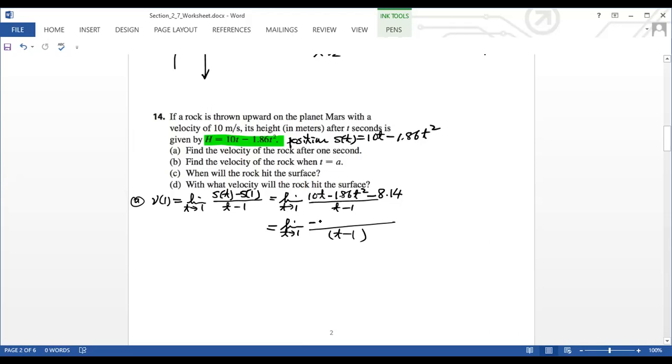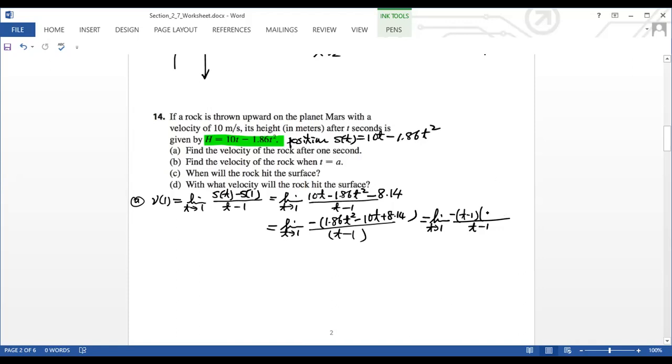You can take the negative out, and you will have 1.86t squared minus 10t plus 8.14. And you can factor that. The limit as t approaches 1, over t minus 1, and what you have here is 6.828.